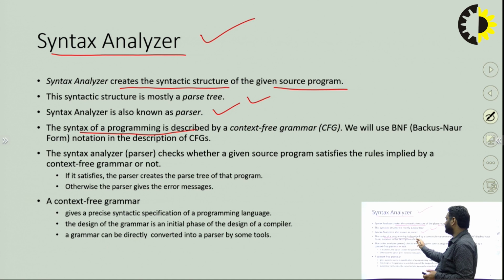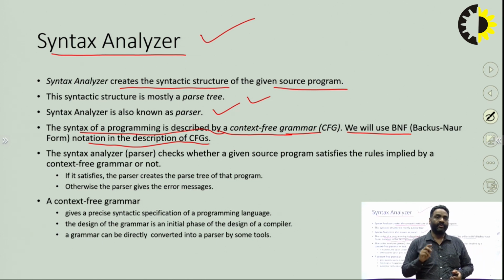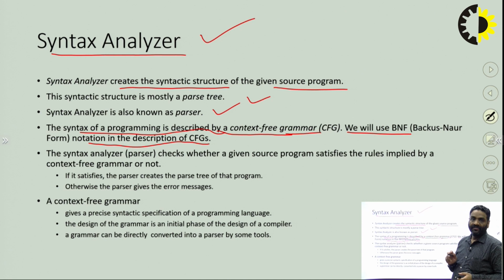This is the common name of this syntax analyzer. And the syntax of a programming language is described by the context-free grammar. We will use BNF notation in the description of CFG. As we know, there are two types of normal forms.